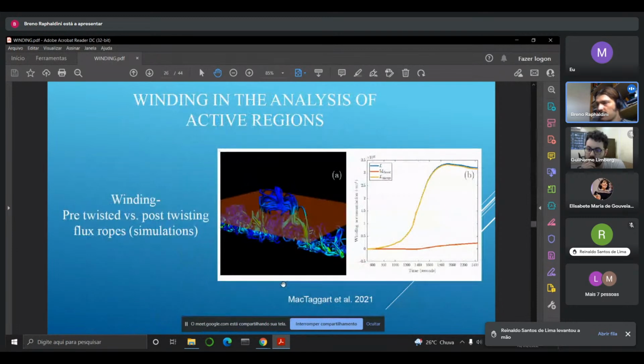So yes, in simulations, what we did in this simulation in particular is to set an initial condition which consists of a twisted configuration of magnetic field lines placed horizontally and just below this plane that represents the photosphere.